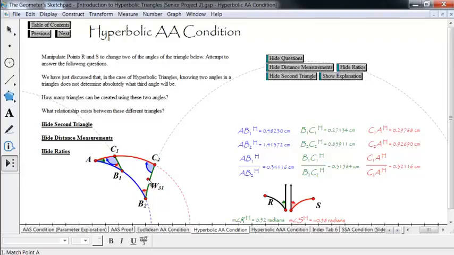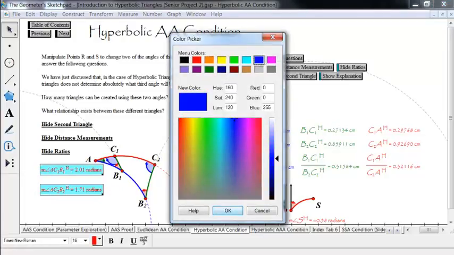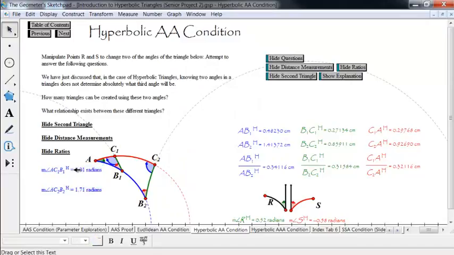The blue one, C. And then this C. And so notice those are not the same. Let me hide those. So those angles there are not the same.